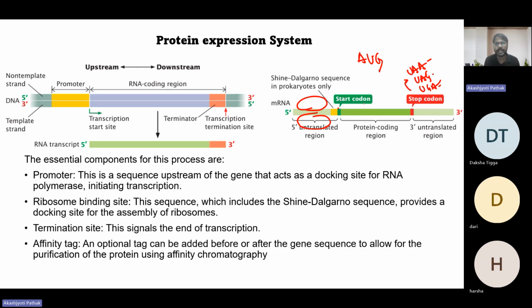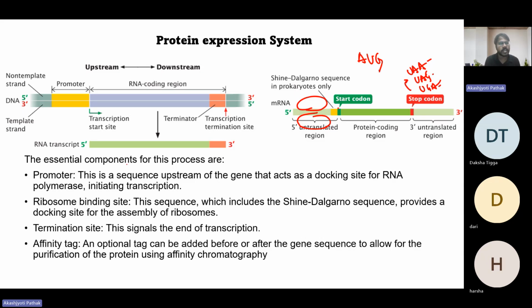All these regions must be present in your construct, so that when you transfect this cloned plasmid into your host cell, your gene of interest will be expressed. If these regions are not present in your construct, then your gene of interest will not be expressed. You will not get your protein. So you must have this basic knowledge of molecular biology that these sequences must be present.